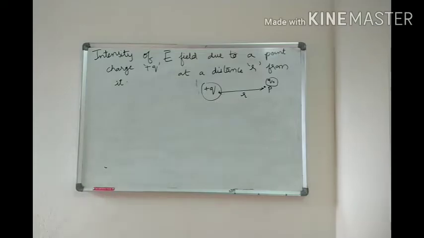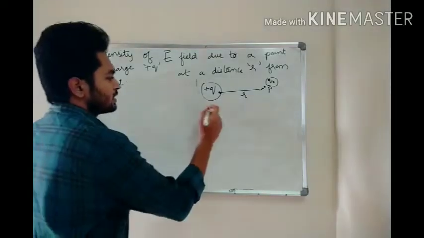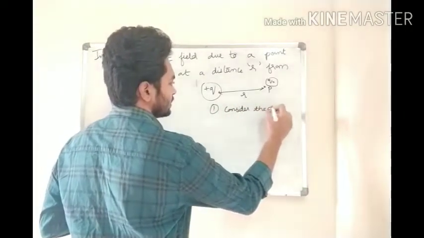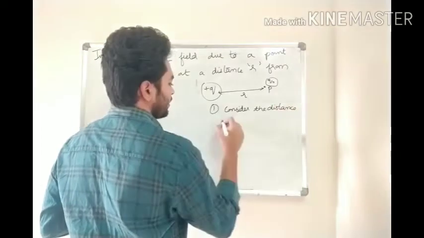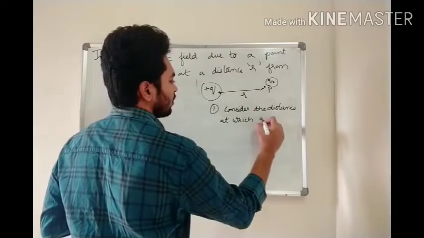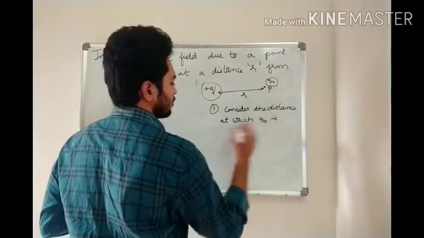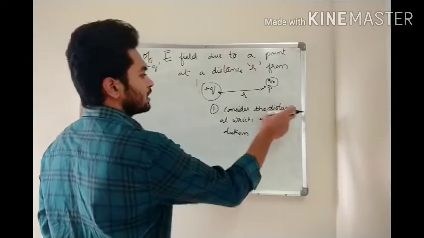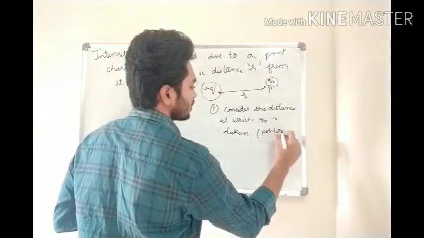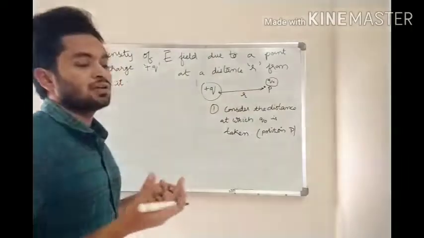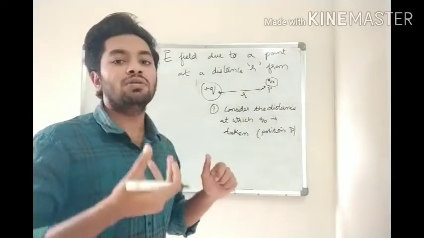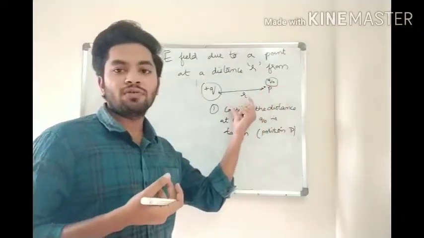First consider the distance at which Q0 is taken, that is, at position P. So we have to first know where our point charge Q0 is, and you also have to know the distance.